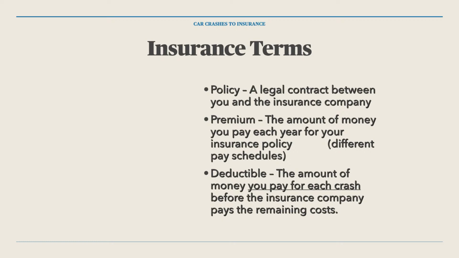So whatever that policy states, what it will do, what it won't do, you agree upon. If you don't agree upon it, I would never sign it. Now, once you do sign it, it becomes binding if it goes to court. They have to uphold their end of the bargain. You have to hold up yours, basically paying for it, and the way that you drive.